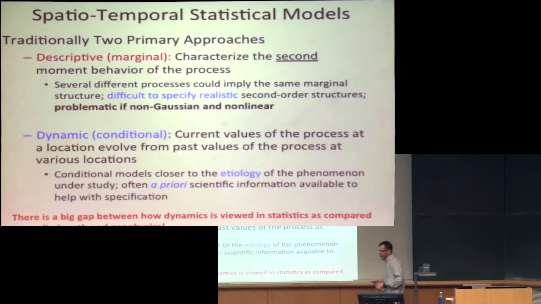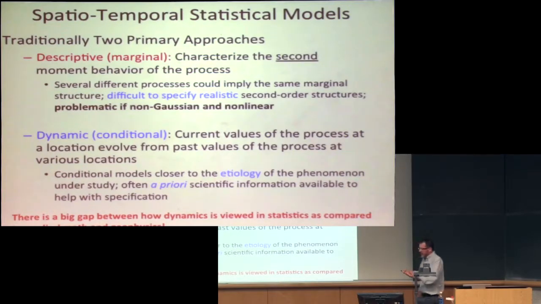So what do statisticians do? Well, there's two approaches to this kind of a problem. One is what I would call descriptive or marginal. And in that sense, what we're doing is we're really modeling the second moment behavior, right? It's the covariances. We're going to assume everything's Gaussian essentially or effectively, or at least well captured by the second moment.